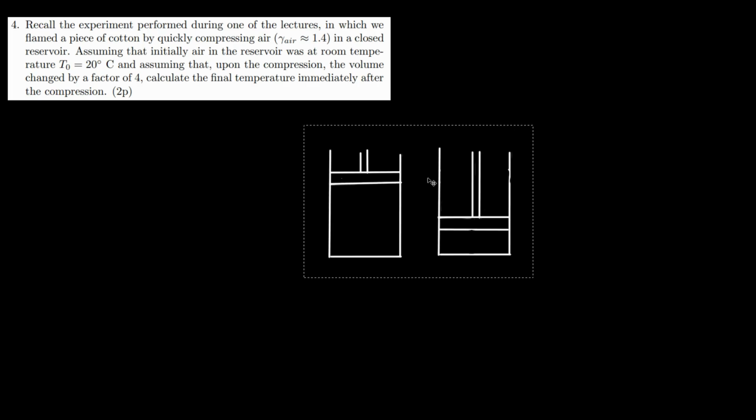So we can draw a picture of a situation like this, where on the left is what we'll call state 0, and on the right will be state 1 afterwards, since we're given T0, our initial temperature. So we'll go with their naming convention of 0, and then following that we'll have state 1 after the compression.